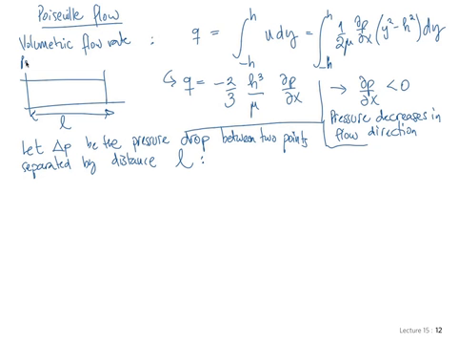P1, P2. So delta P is P2 minus P1. Okay. So delta P over L is going to be, in this case, equivalent to our minus dp dx, if I assume that this is linear.